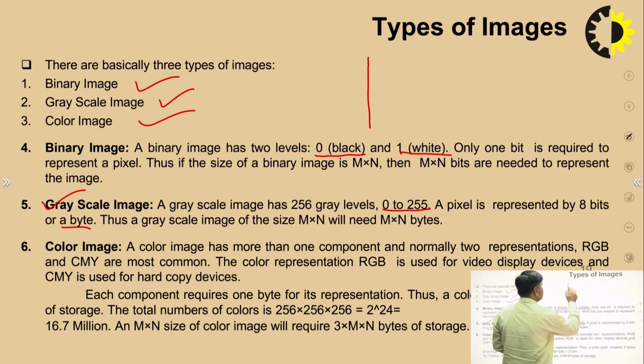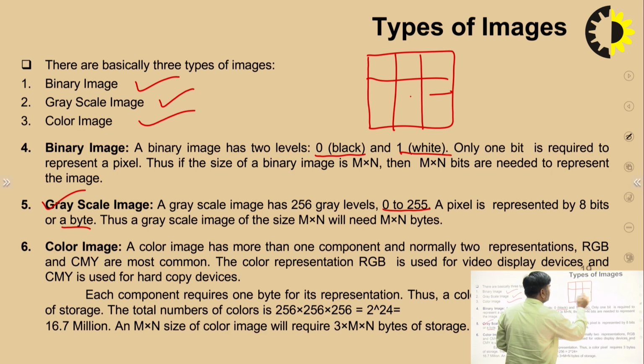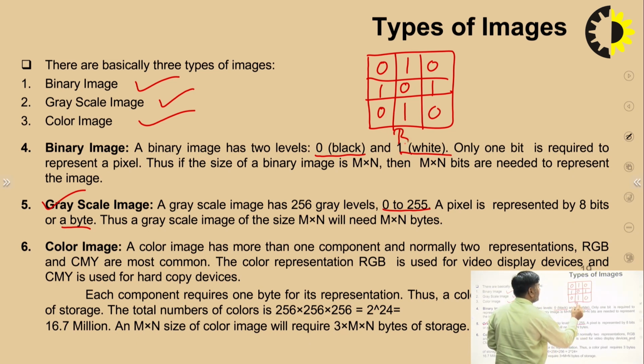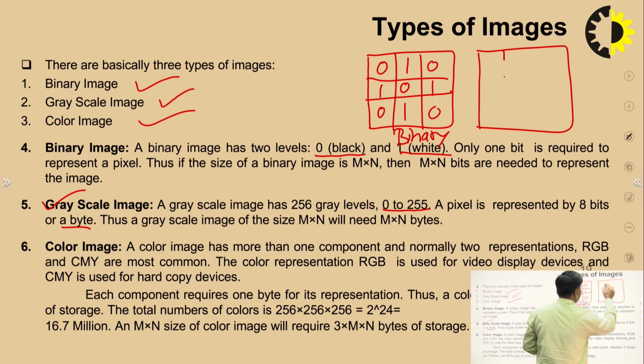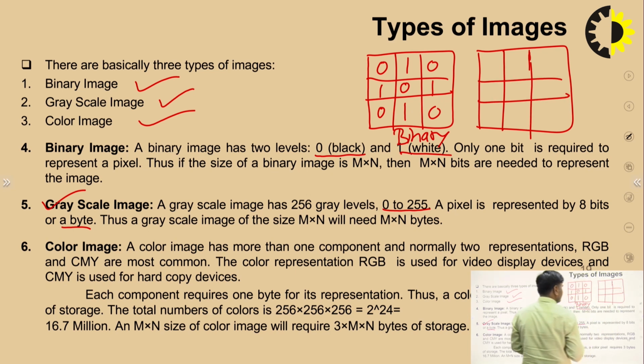This is the case of a binary image, where every pixel is either 0 or 1, and this is the case of a grayscale image, where the pixel value should be between 0 and 255.